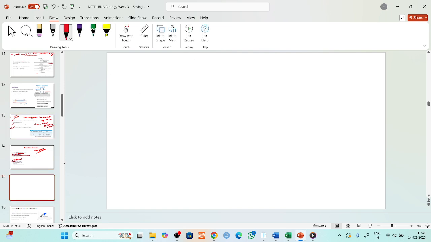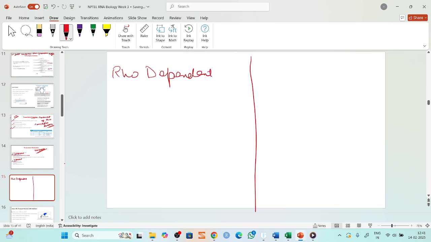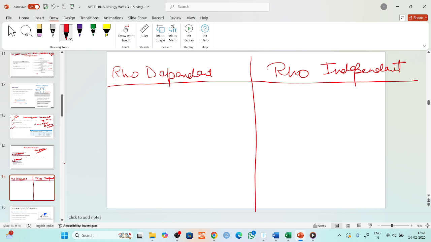See, there can be rho dependent or rho independent. So rho dependent means it requires the rho protein and it requires a RUT sequence.